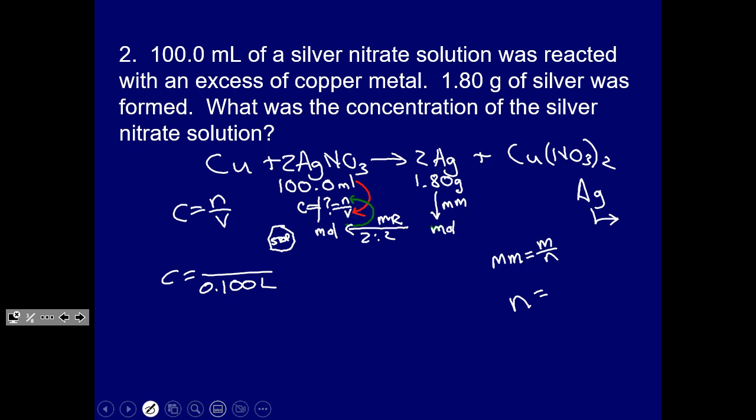If I had millimoles, the milliliters would work. Millimoles and milliliters would get us moles per liter. We'll do an example like that a little later. 107.9, was it? Can't remember. Grams per mole.